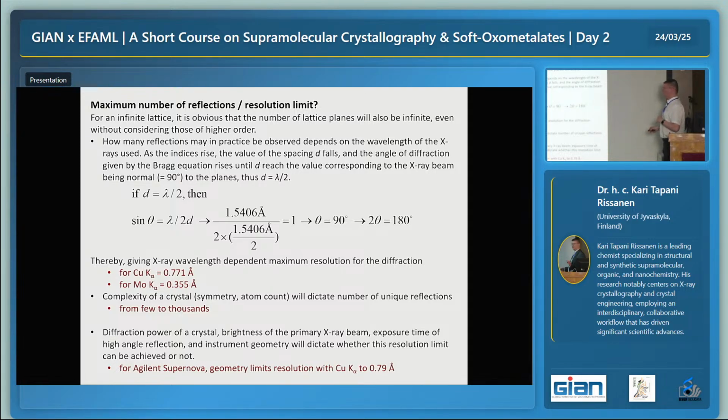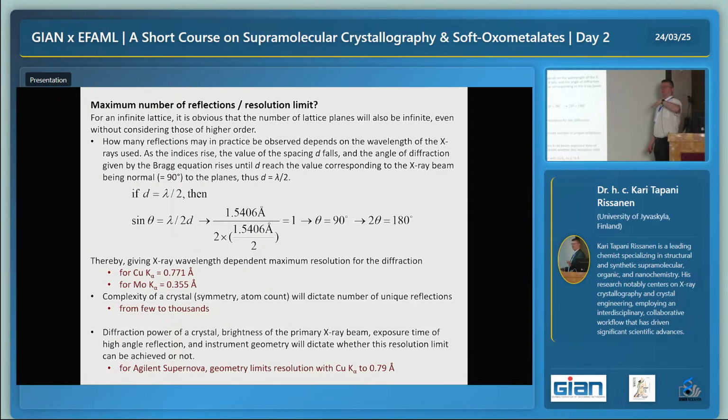And because the wavelength is 1.5, if we now use molybdenum radiation, then the resolution is this. And why is this important, why am I talking about this? Now we come back to the idea that what is causing a diffraction are atoms and molecules, or atoms in molecules.